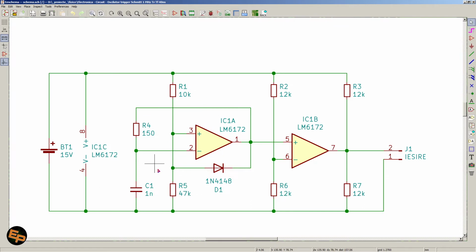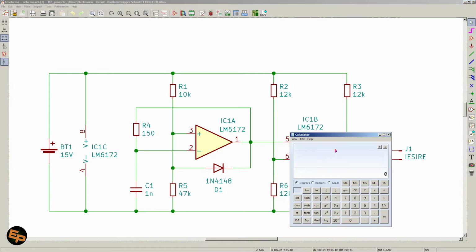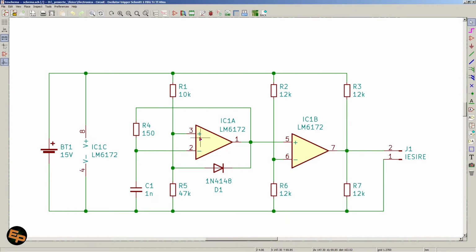This basically gives about 5/6 of the whole supply voltage. So in our case, that's 47 divided by 57 times 15. So we have about 12.3 volts of reference voltage here on the plus input.